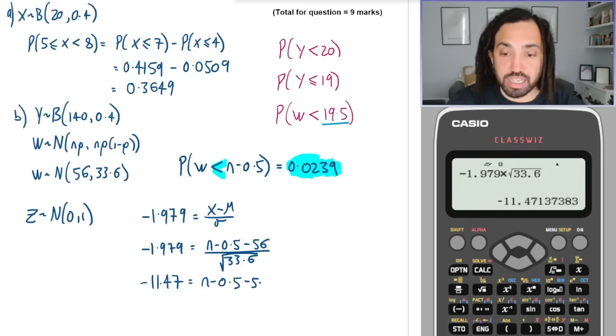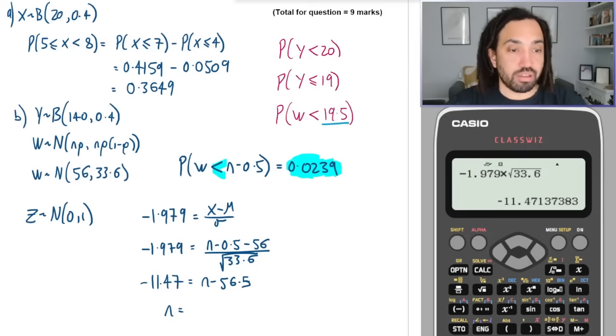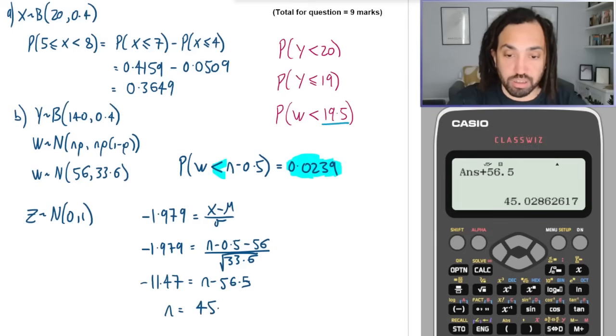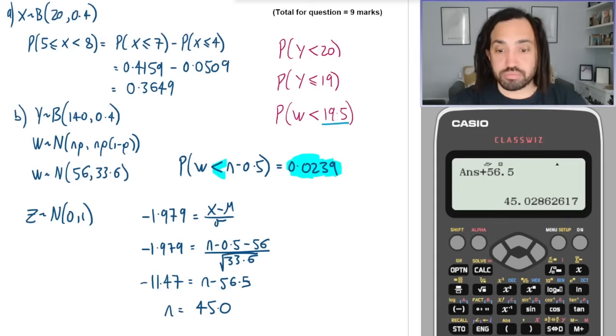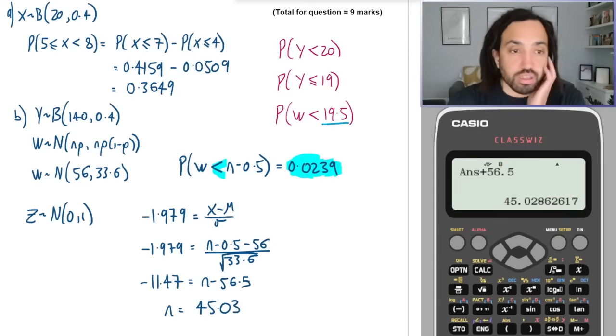And then we can collect these up, can't we? That's minus a total of 56.5. So add on the 56.5, and that gives us a value of 45.03.